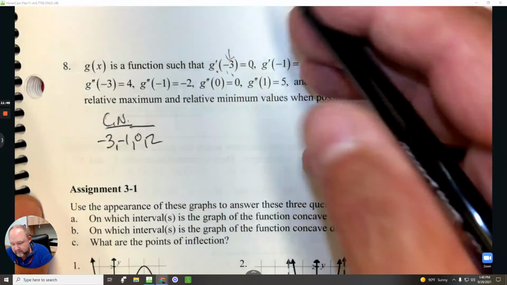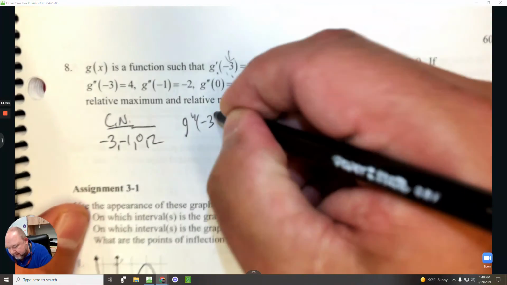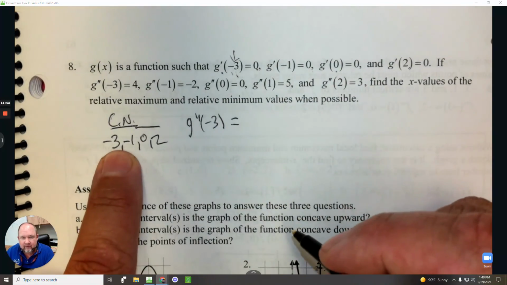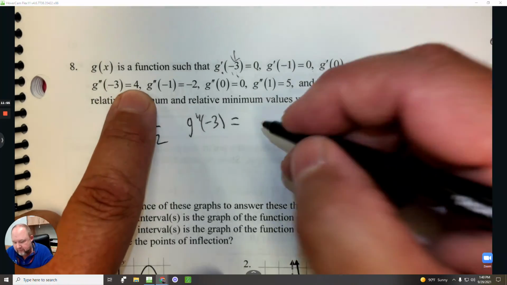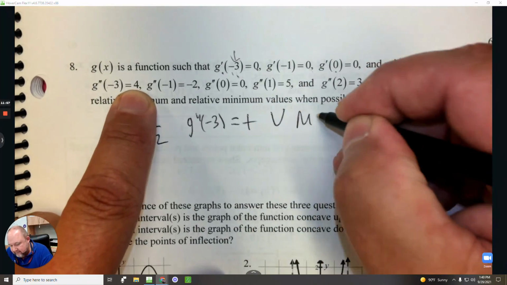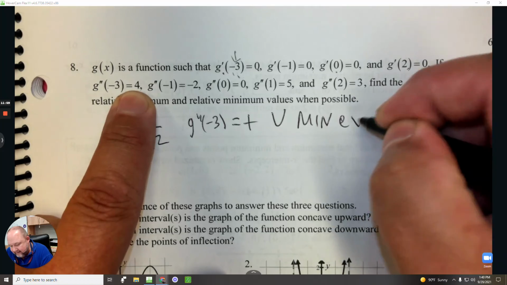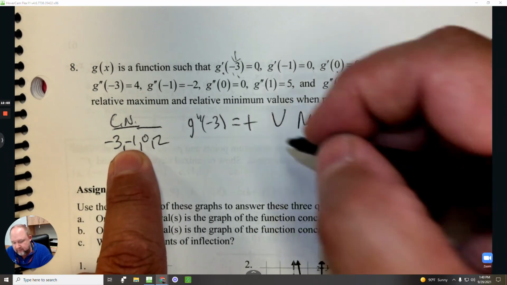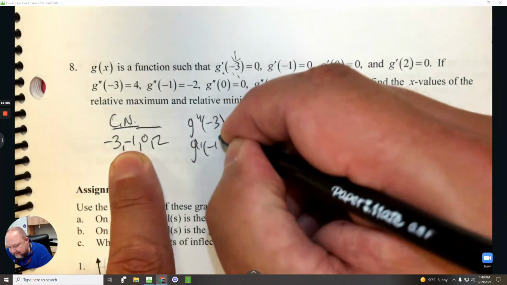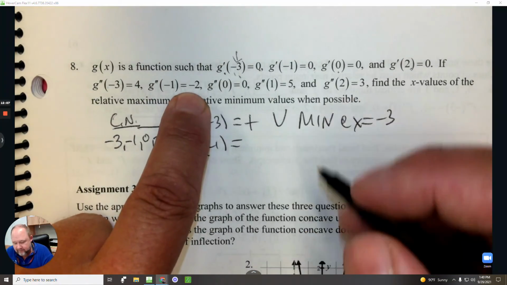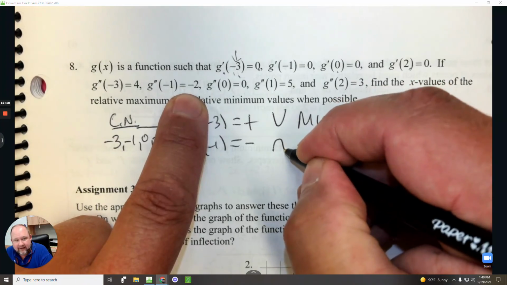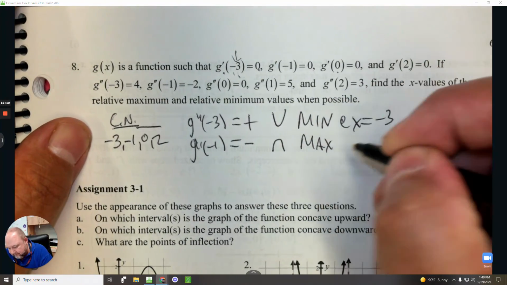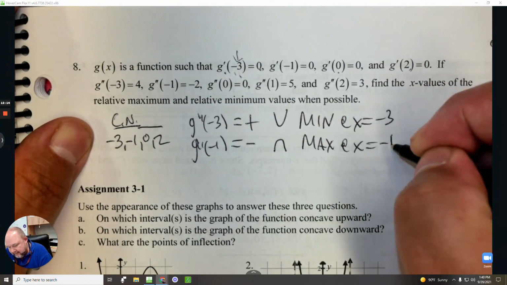Then for the second derivative, I want to know the second derivative at negative 3. The answer is positive. That's concave up. That means it's a minimum at x equals negative 3. The next one, the second derivative at negative 1 is a negative answer. That means it's concave down, so we have a maximum at x equals negative 1.